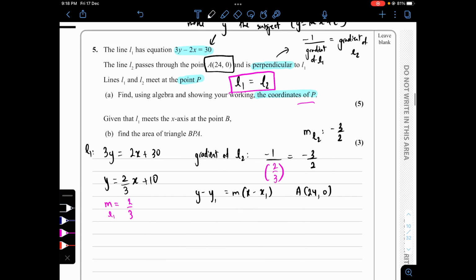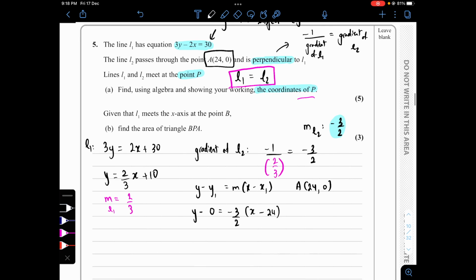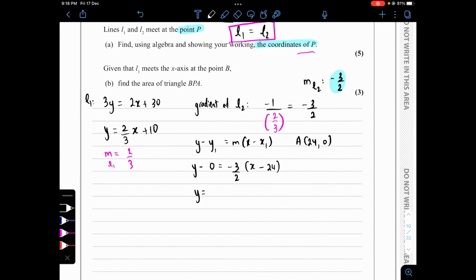So we have y minus 0 equals m, and we use this m over here, minus 3 over 2, times (x minus 24). So we'll get y equals minus 3 over 2 x, and minus 3 over 2 times minus 24 gives plus 36. So this is for L2. I'm just going to box it. This is our L2.